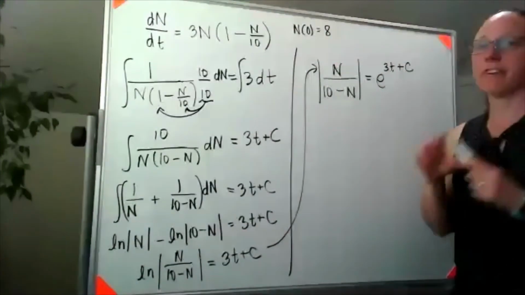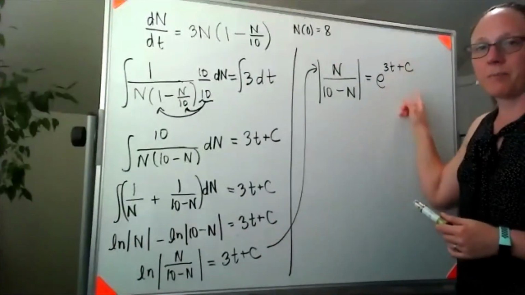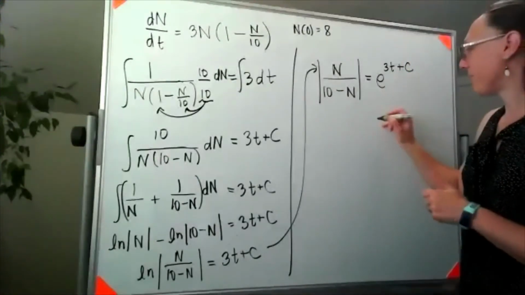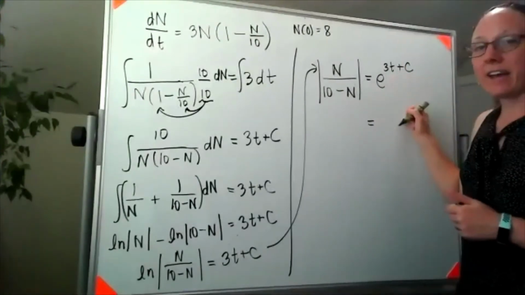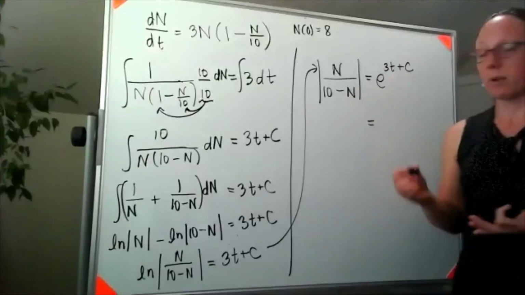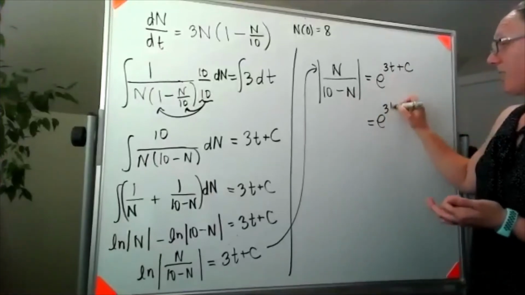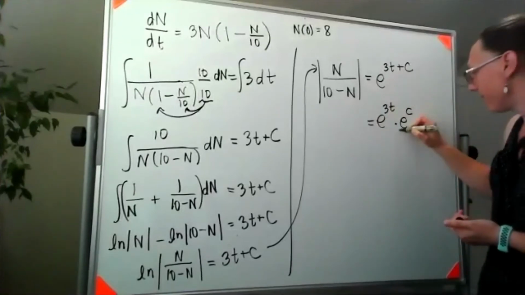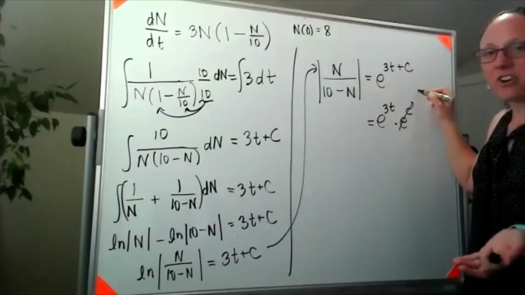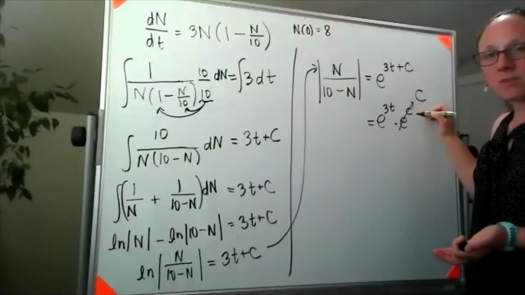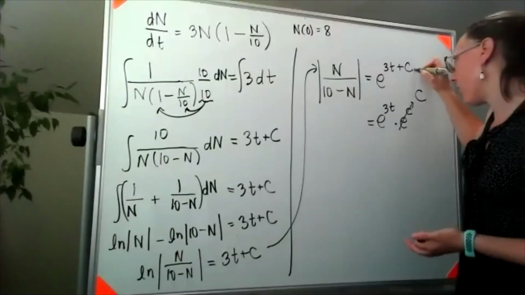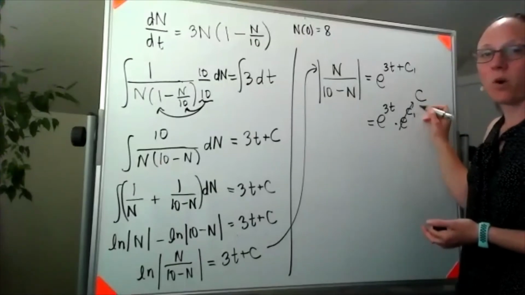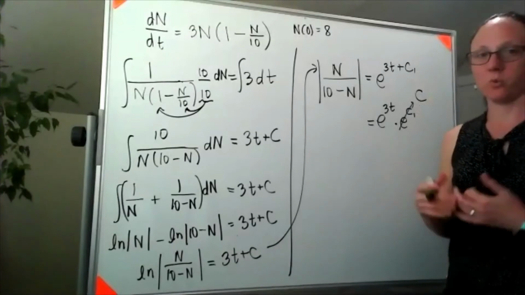This is a very common thing that mathematicians will play around with, to say that that plus c, because we're adding in the exponent, that really came from something that might have looked like e to the 3t times e to the c, and e to the c is just another constant. These aren't the same c, so we could call that a c1, and then say e to the c1, we're going to let that be equal to c.